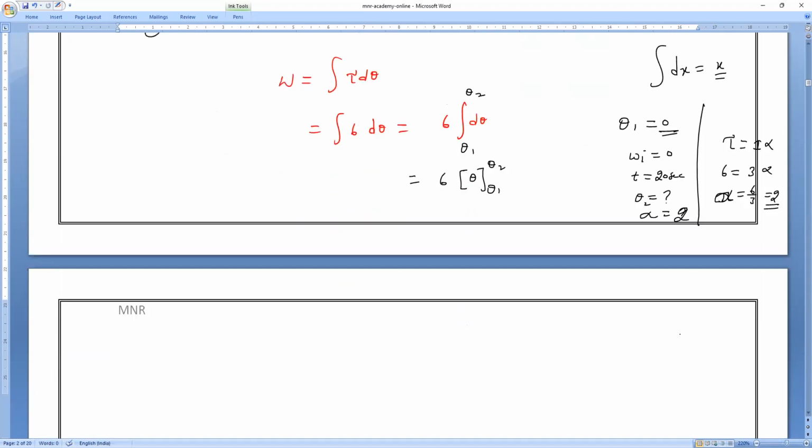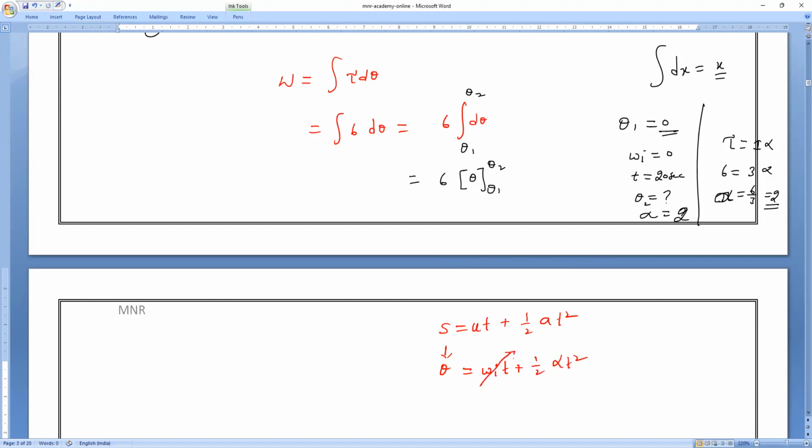So what is the formula for finding the final displacement? Theta we have to find. S is equal to ut plus half at square. Modify it: angular displacement is initial angular velocity into time plus half into alpha into t square.